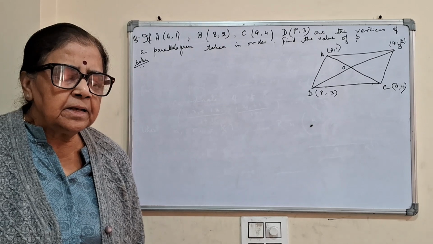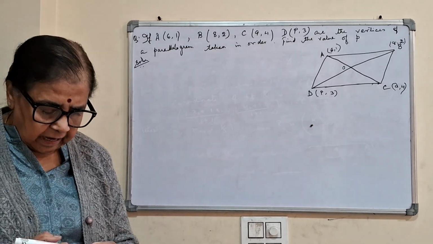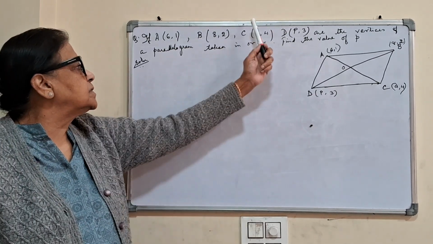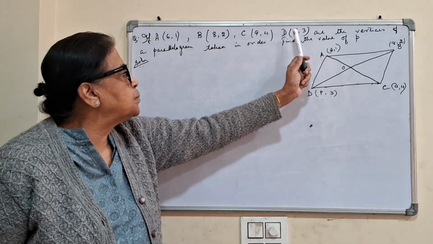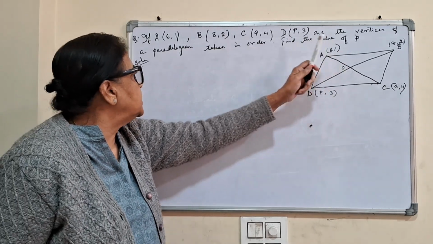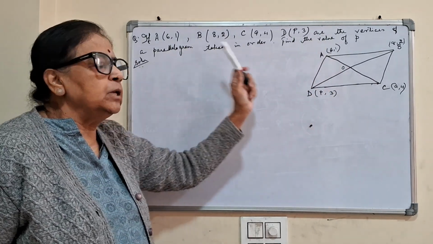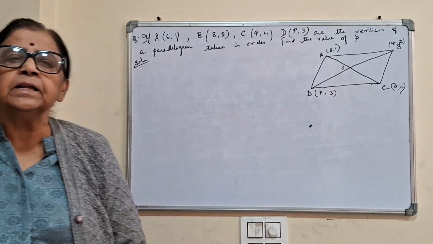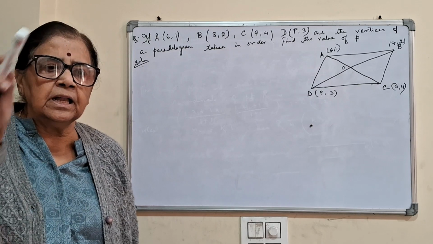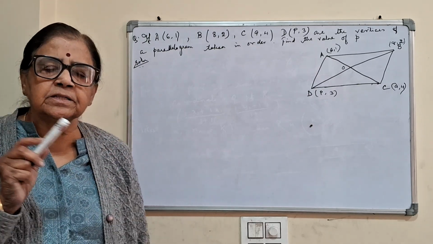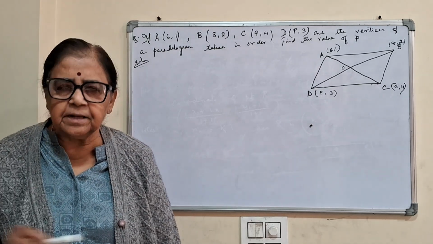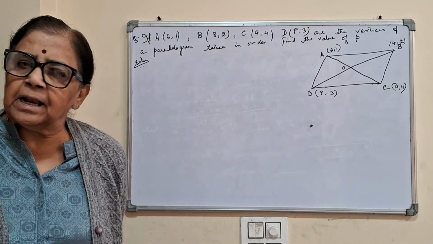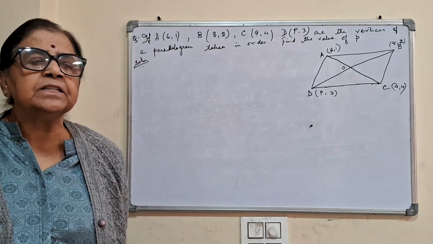I start with the sum: if A is 6, 1, B is 8, 2, and C is 9, 4, D is P, 3 are taken at the vertices of a parallelogram taken in order, find the value of P. The vertices of a parallelogram taken in order means they go serially, that is A, B, C, D. Now, parallelogram means opposite sides are parallel.